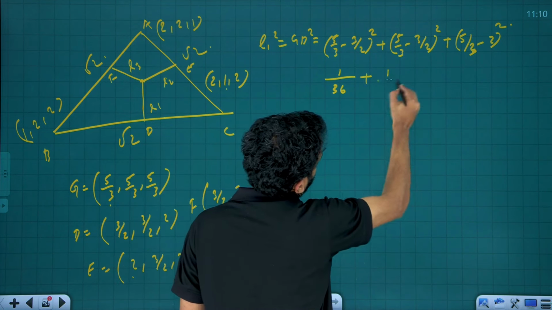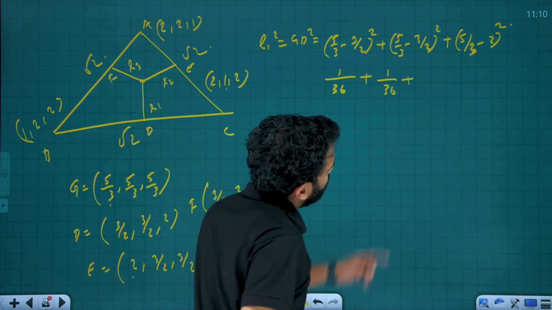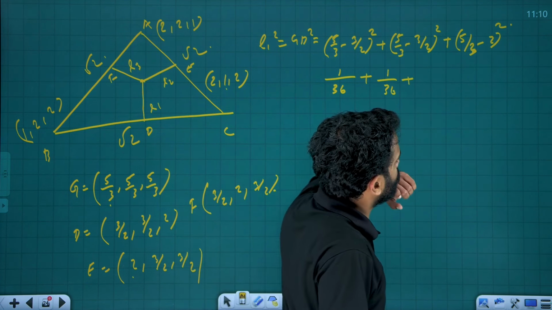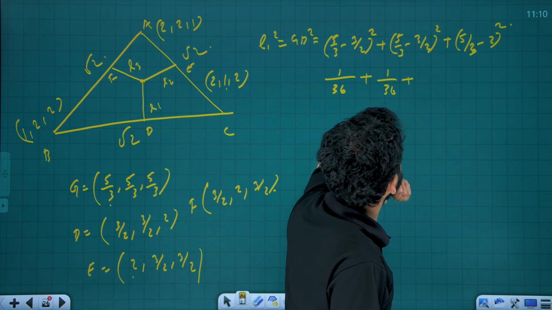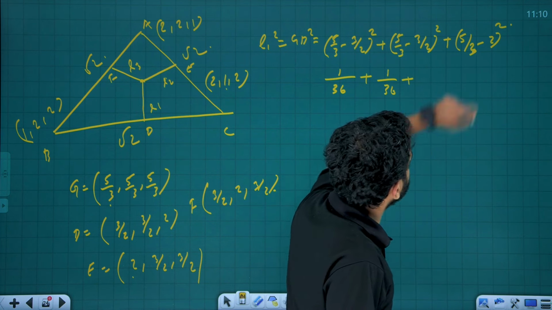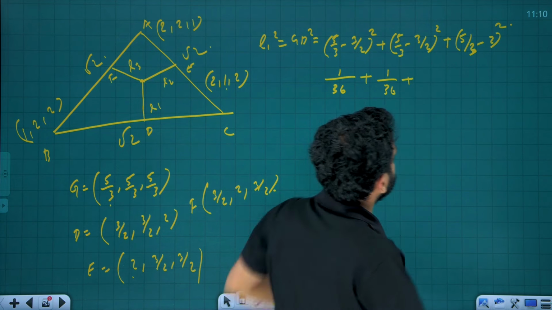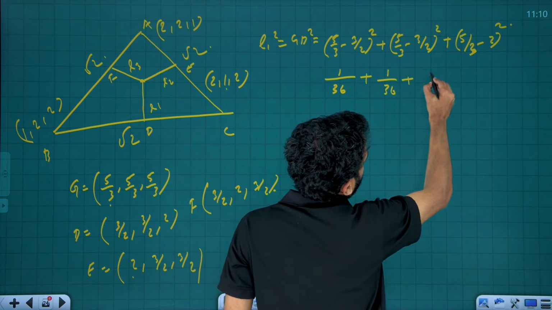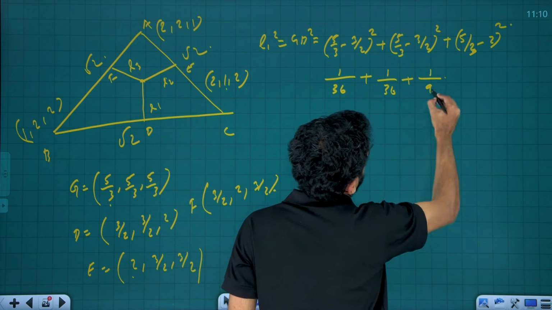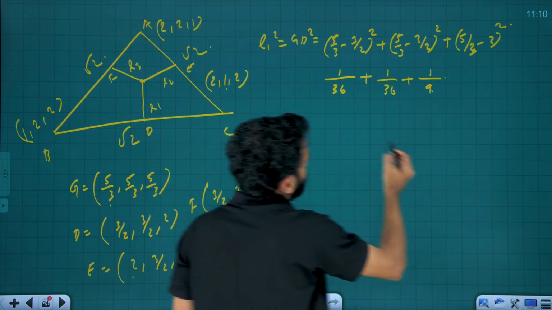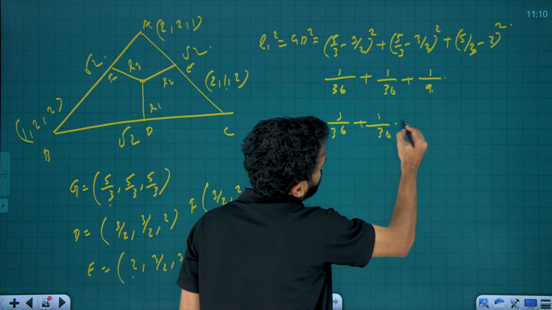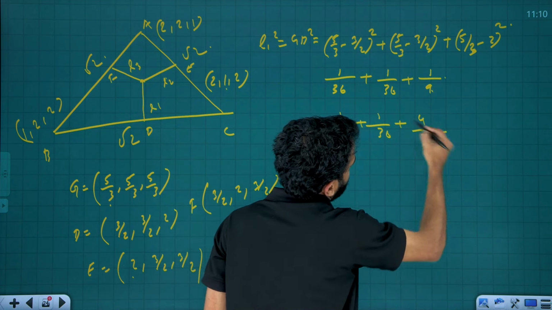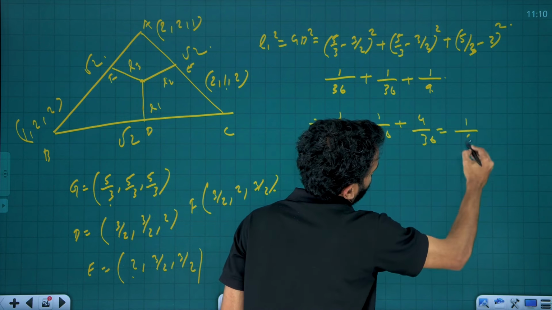The second is also 1 by 36. The third, 5 by 3 minus 2, that is 5 minus 6, is minus 1 by 3, that is 1 by 9, or 4 by 36. So the sum is 6 by 36, that is 1 by 6.